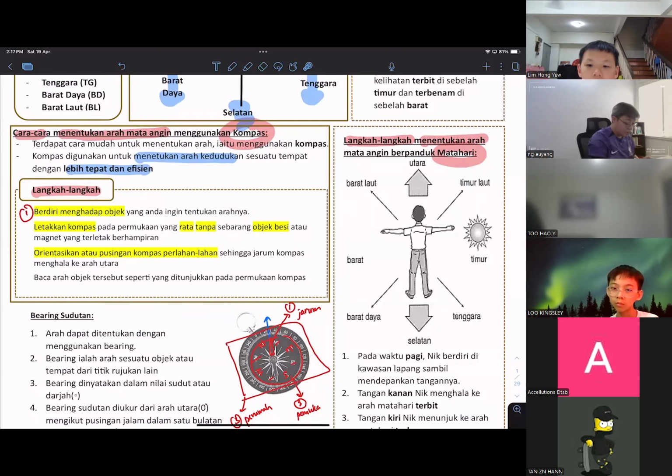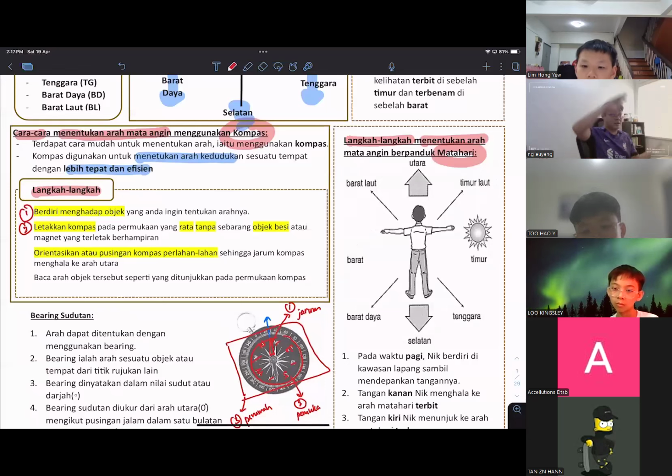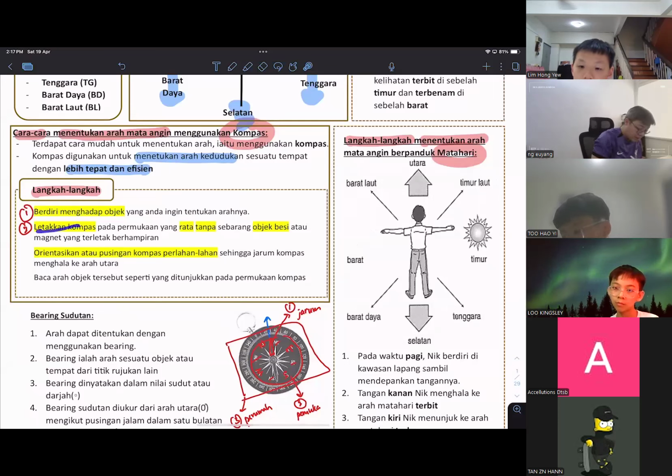So this is what we call berdiri menghadapi objek yang ingin ditentukan arah. The next step is we place the compass on a flat surface on the rooftop. So letakkan compass pada permukaan yang rata. So highlight, after facing the object, letakkan compass pada permukaan yang rata.